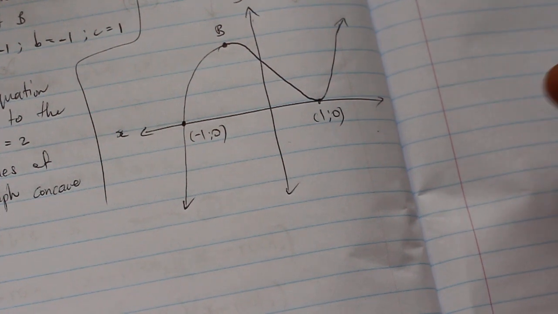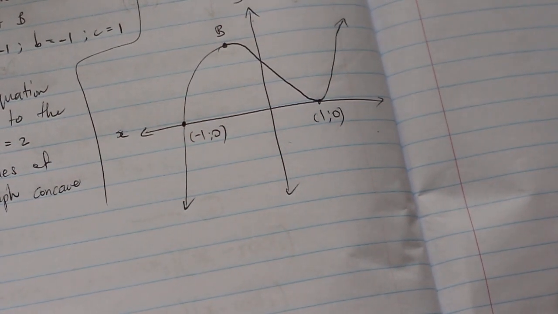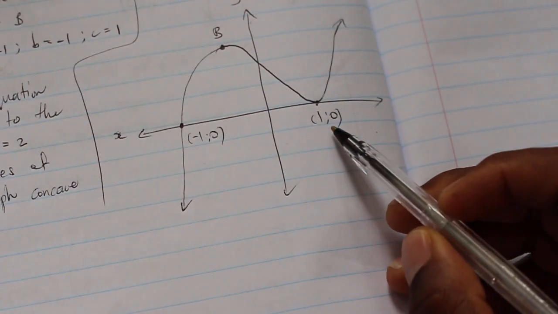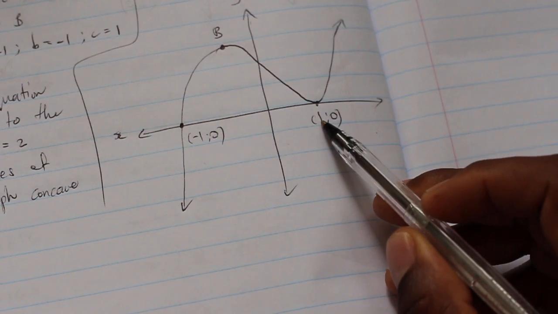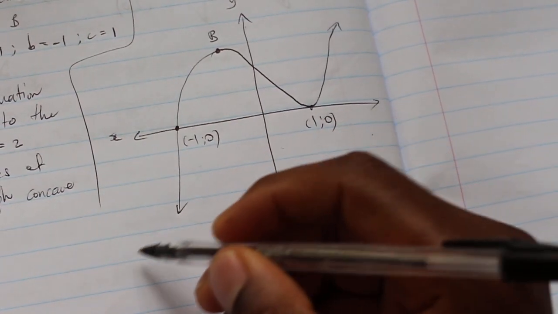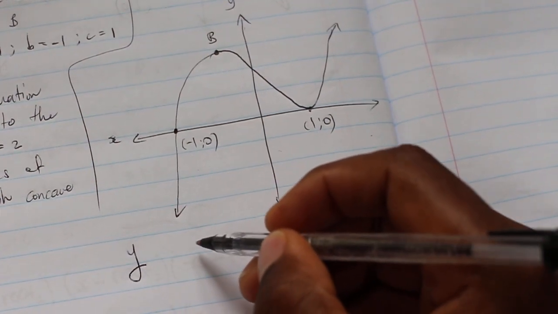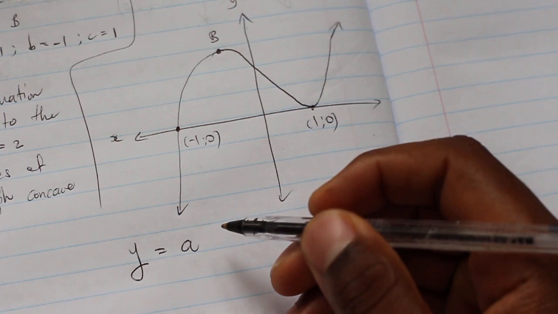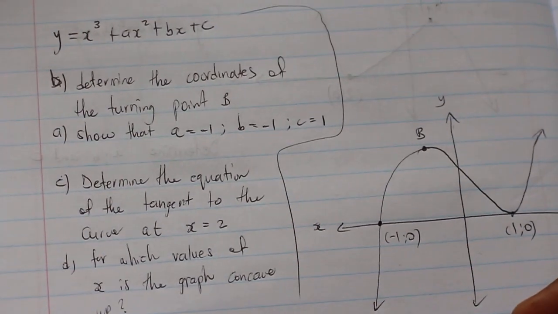So we basically have all three roots. The first one is -1, and the second and third are 1. Remember, we've got this equation: y is equal to a, and we already know what the a is. The coefficient of x cubed is 1.